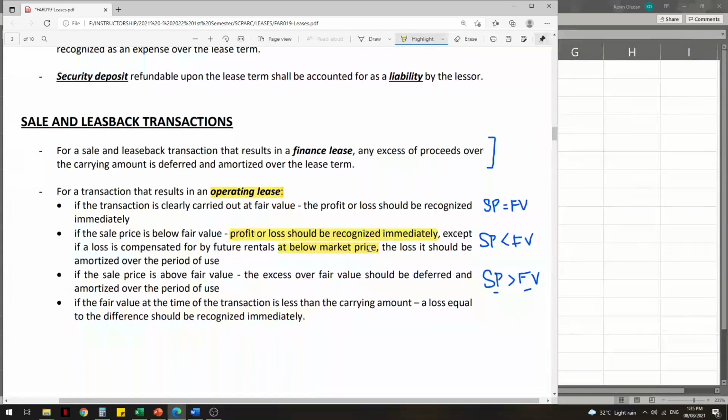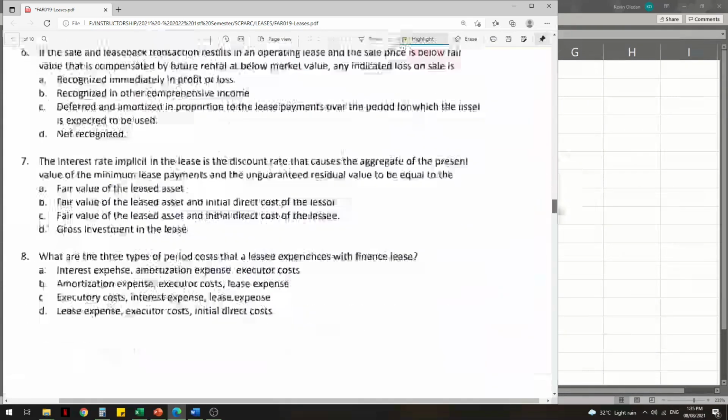So kung yung future rentals na mag-a-arise from this leaseback will be below market price, then the loss should be amortized over the period of use. Okay? But if it's not below the market price, the loss is immediately recognized. Now let's get back to item number 33 to 34.